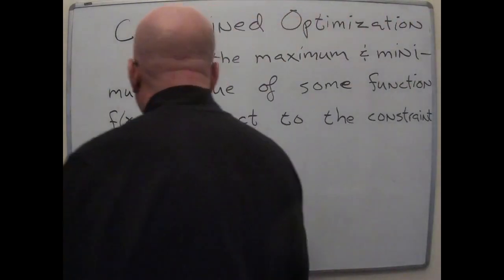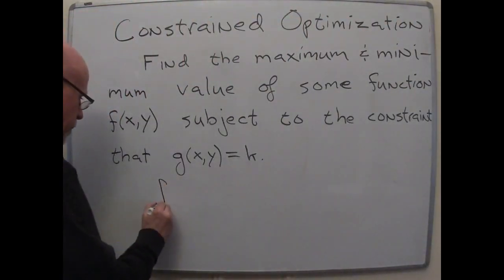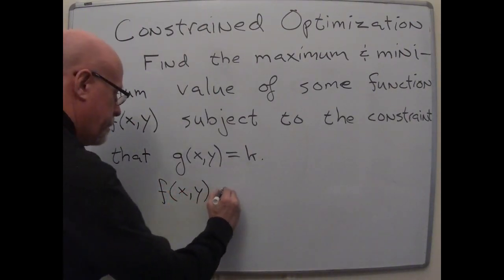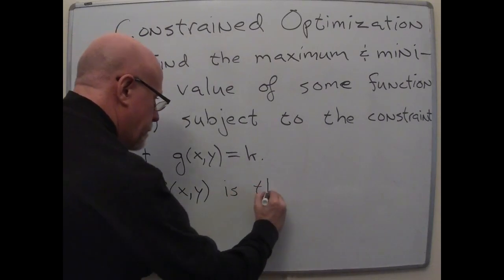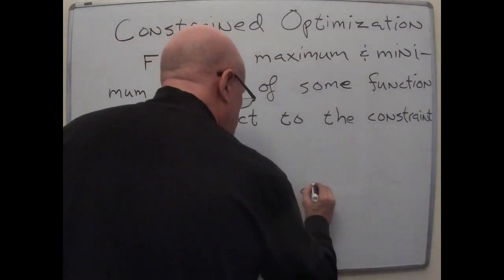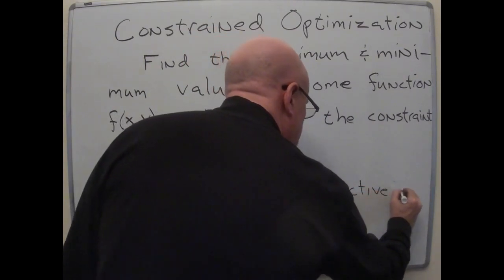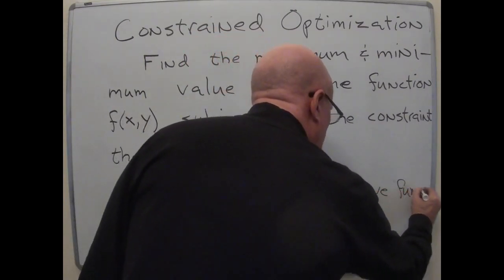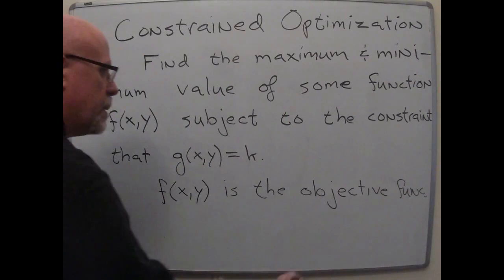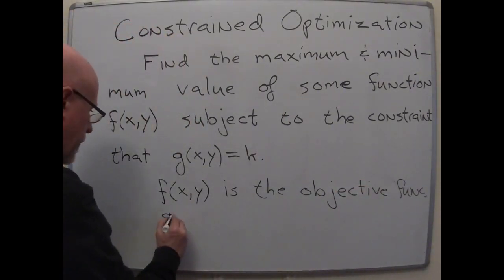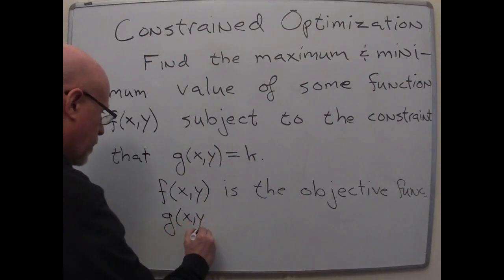There's some additional terminology I want you to know. The function f of xy is called the objective function, or simply the objective. Objective func. g of xy equals k is the constraint.